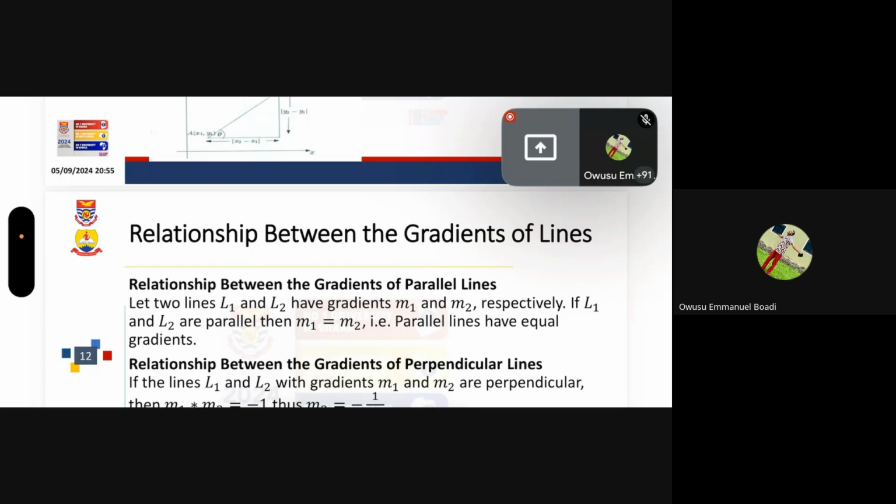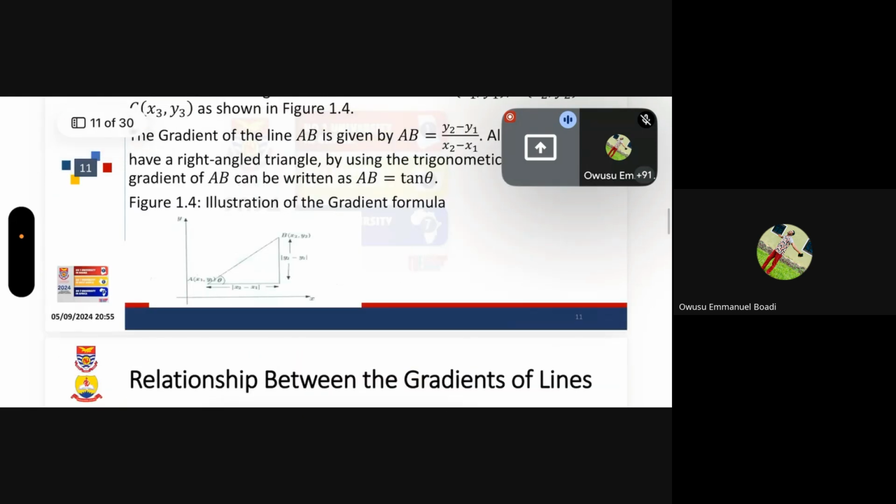Let two lines L1 and L2 have gradients M1 and M2 respectively. You should know this relationship. Do you know the relationship between the gradients of parallel lines?